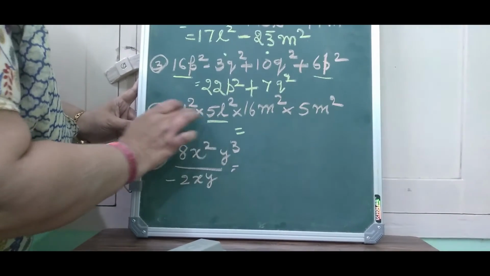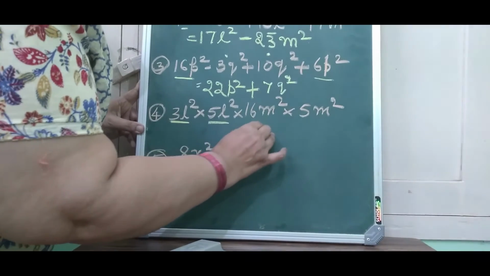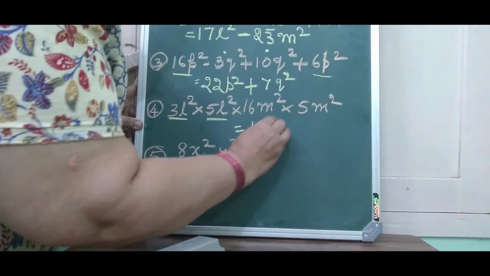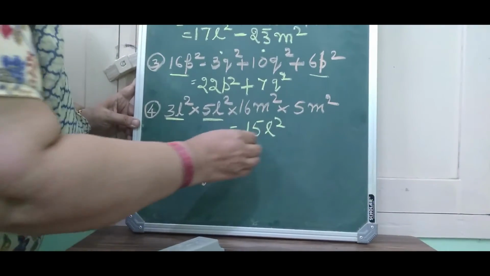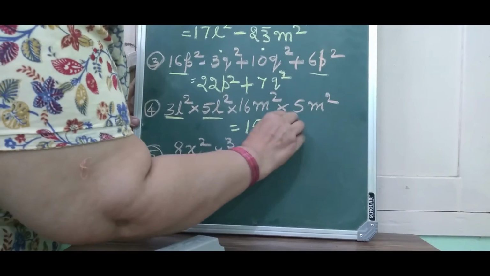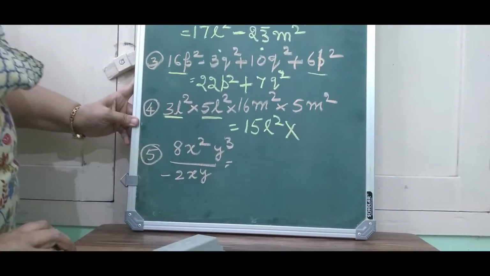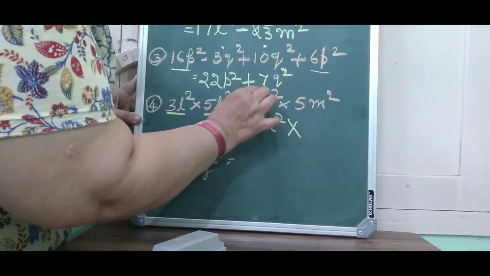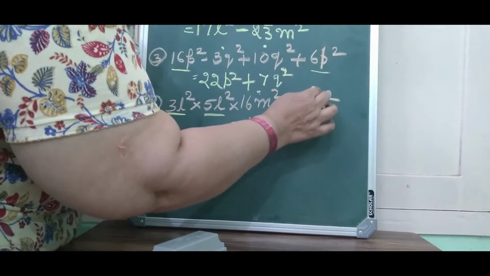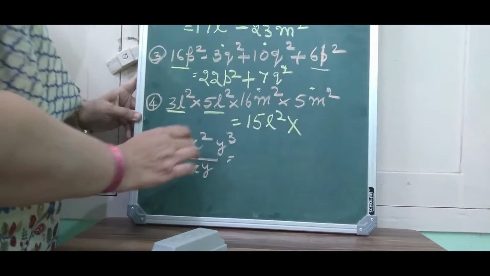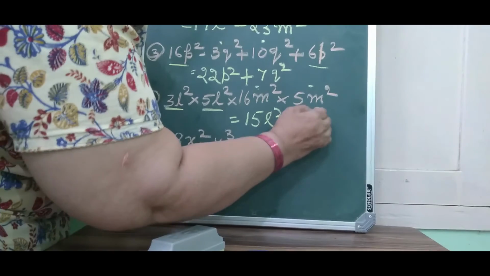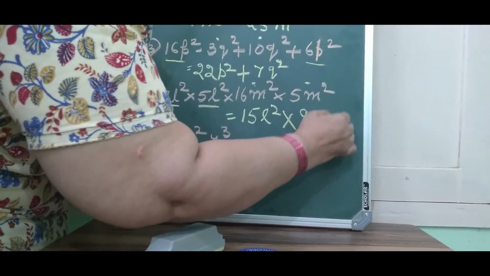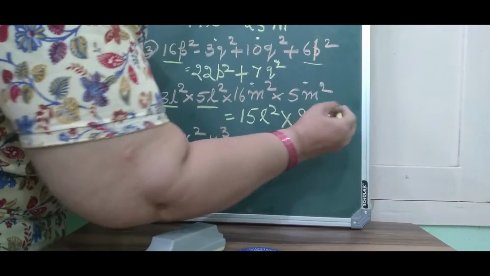So let me multiply 3 into 5, that is 15l square. Let me write. Because multiplication is there, let me write multiplication sign here. And again we can consider this one, 16m square into 5m square. 16 fives will be 80. 80m square will be the answer.